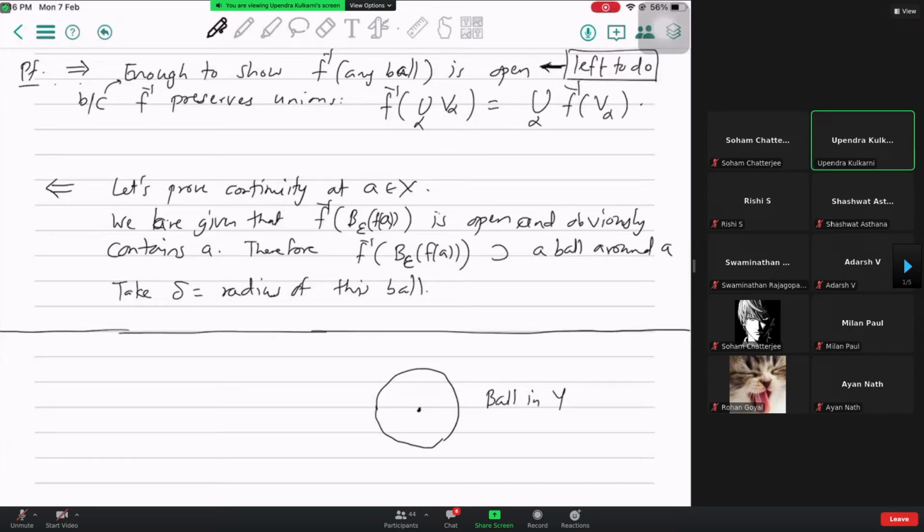But what is the idea? If you want to show that some set is open, so this is B equal to ball, right? And maybe some kind of set will be here.